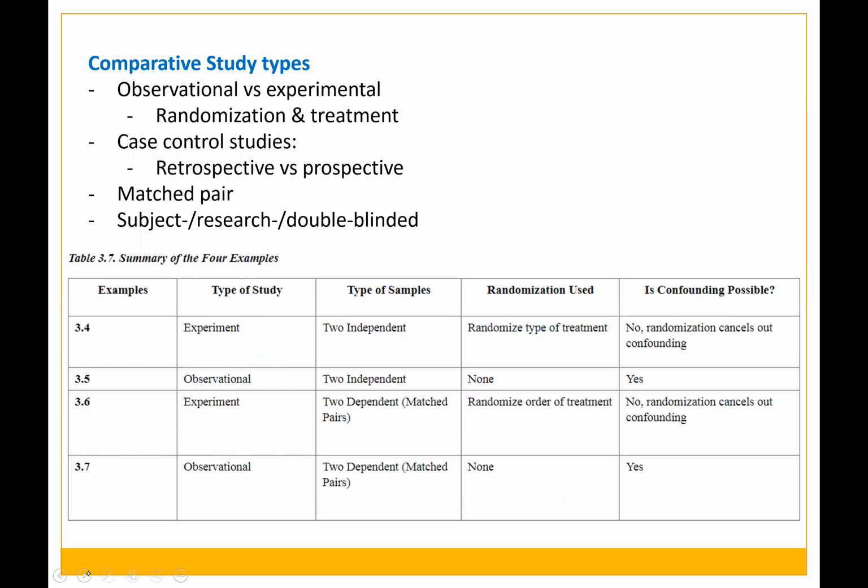Then we have different types of studies that we learned. The two most important ones are observational studies and experimental studies. The main difference between these two is the need of randomization and the use of treatment. So in observational study, as we discussed before, there's very little control over the subjects. The researchers cannot just randomly assign the subjects into groups and learn their characteristics, because those characteristics are already in their life.